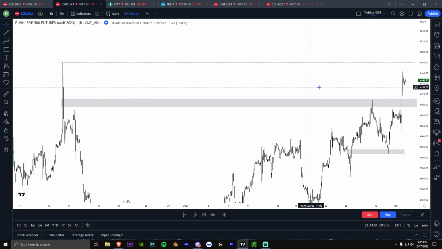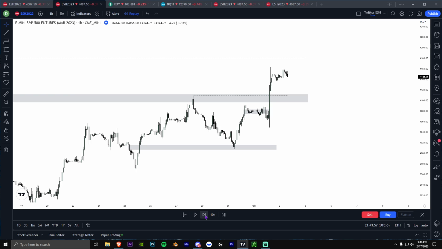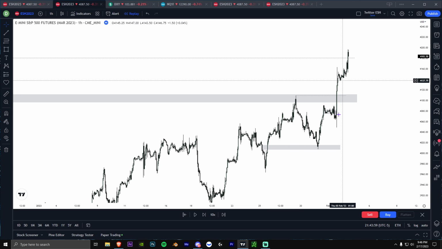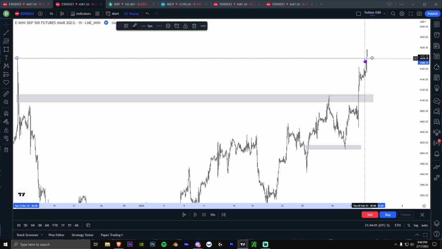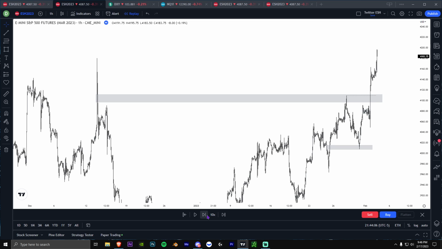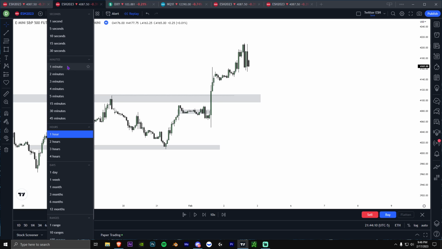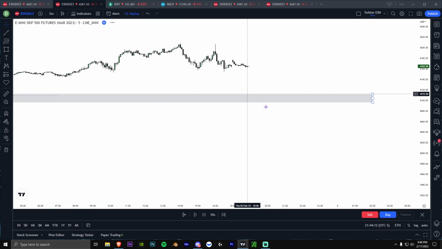I'd probably want to see 4,180 hit, and if we came back down here, I'd long. Okay, so we hit buy side before, so we never even hit that. So now that we hit buy side, I'd start looking for a short setup here probably. So let me just go to the 5 minute here.